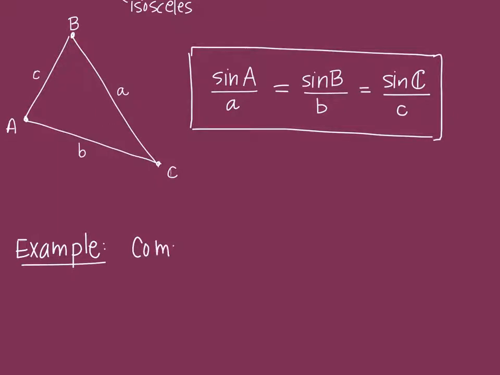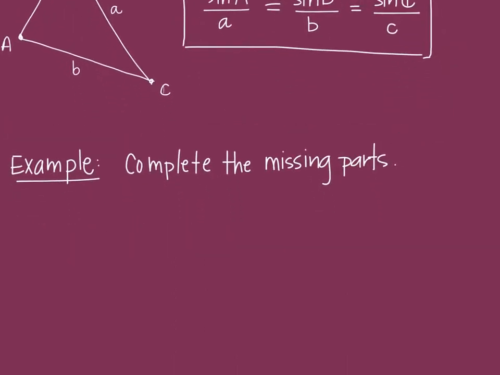So your example might be something like this. Complete the missing parts of the triangle. And it's always helpful, I think, to organize yourself like this. Set up your capital ABC in a column, set up your leg ABC in a column.